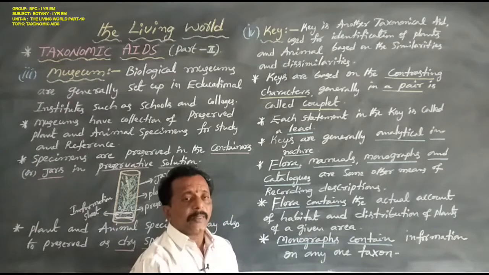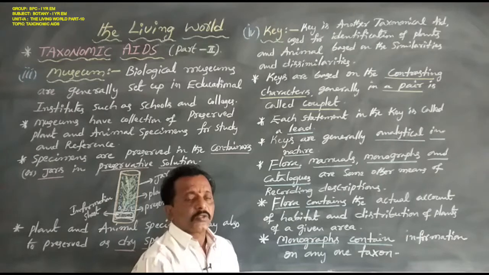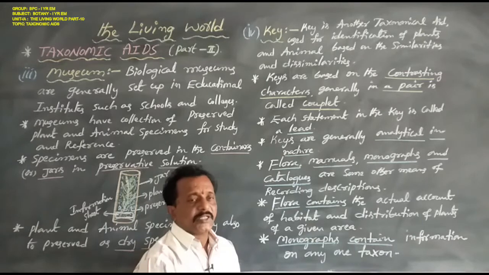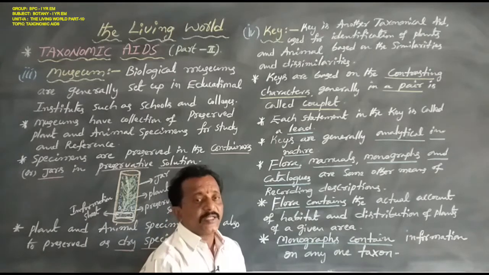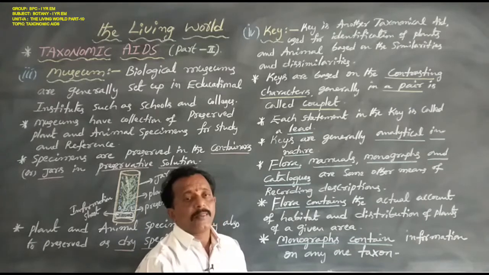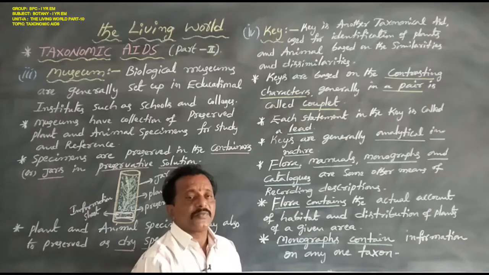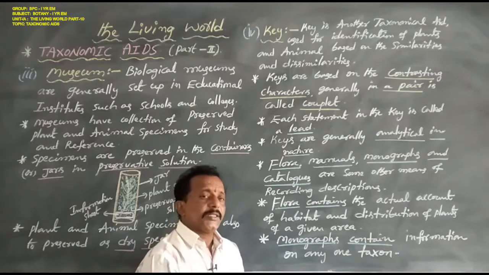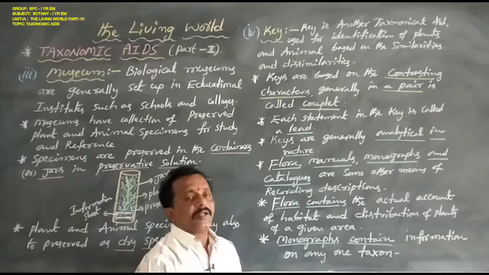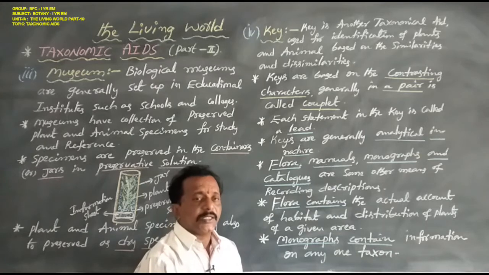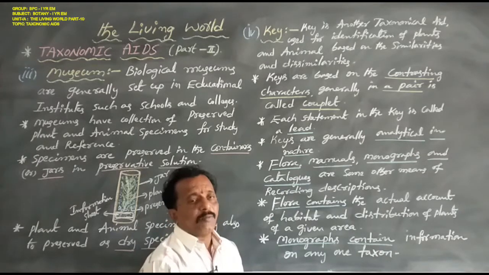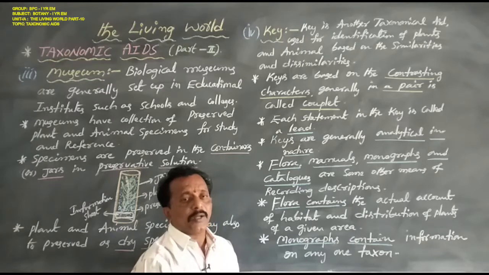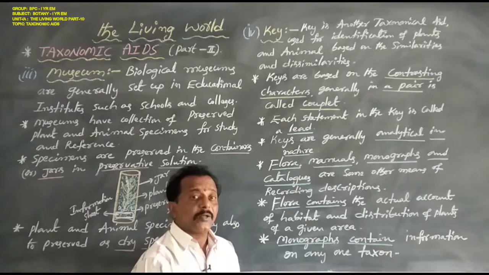For example, India flora covers all the states of India. Telangana state has a flora, Andhra Pradesh state has a flora, and the states contain districts, and each district has one flora. That is Nalgonda flora, Khammam flora, Rangareddy flora, Hyderabad flora, Mahabubnagar flora.